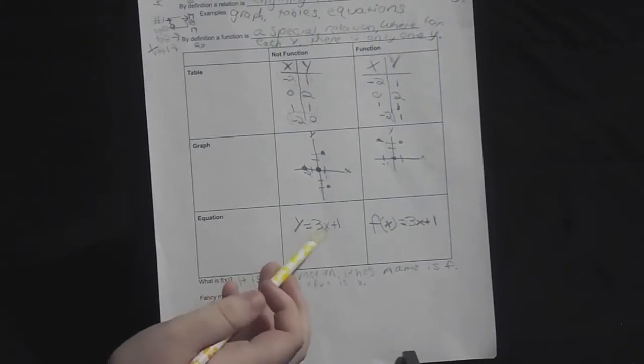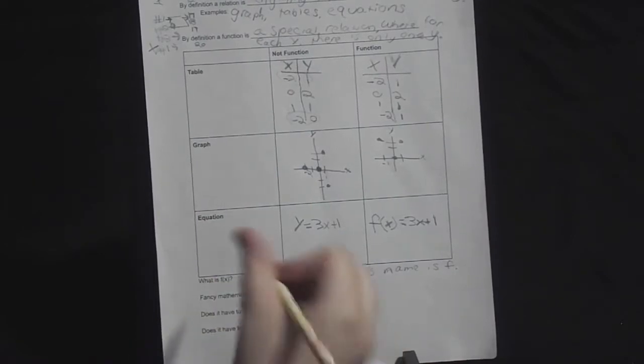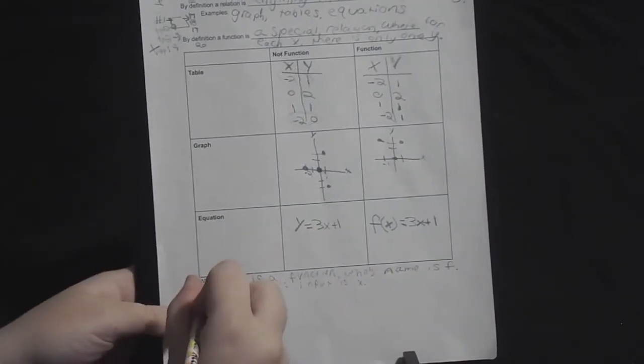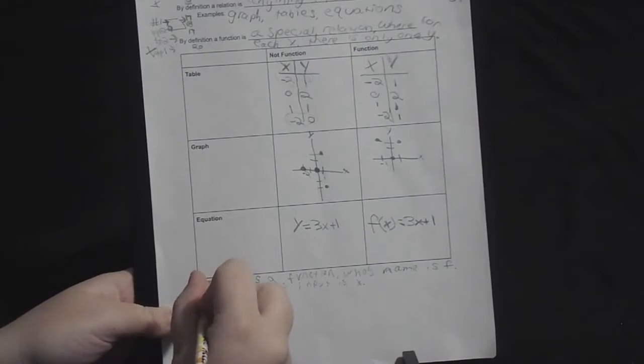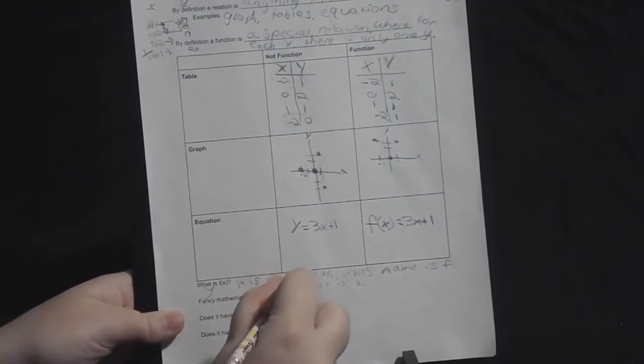Because x is what we put things into. However, also f of x is just y. So under this one where it says what is f of x, the answer is y. It is the same thing as y. This is the fancy mathematical version, where it technically is a function whose name is f, who has an input of x.